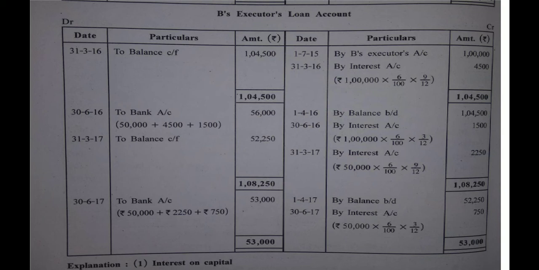Now on the debit side, if you will see the same date 30/6/16, it is written to bank account 56,000. 50,000 is the amount of loan, the first installment, plus 4,500 is the amount of interest for 9 months, and 1,500 the amount of interest for the remaining 3 months. So this is a complete figure of 56,000 to be paid to the executor at the end of the 1 year, along with the amount of interest.